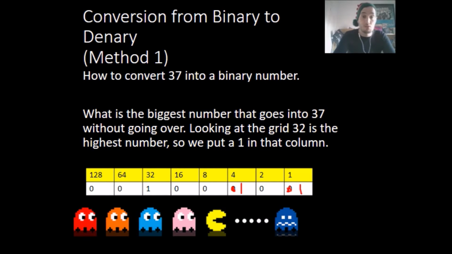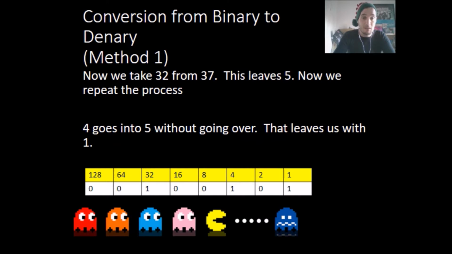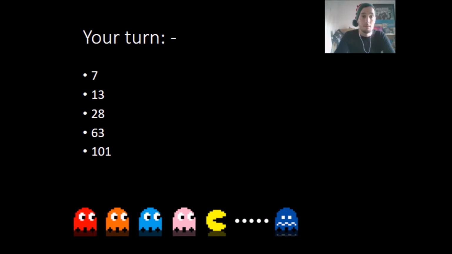So that's relatively straightforward. Now, if I move to the next slide, you can see what it looks like. You can have the 4 and the 1, so that leaves us 37. Now, here's some that you can try. What I recommend you doing at this point is maybe pausing the video, giving it a go, maybe using your grid where you go 1, 2, 4, 8, 16, 32, 64, 128, and so on.